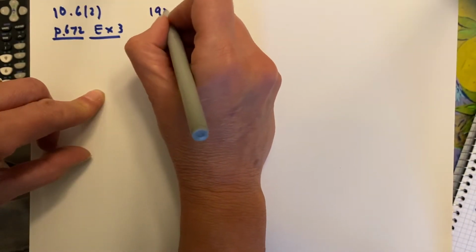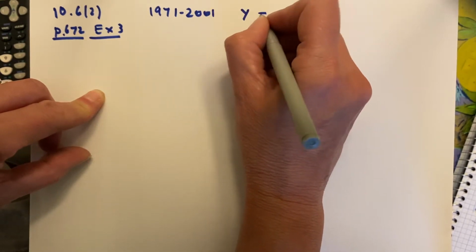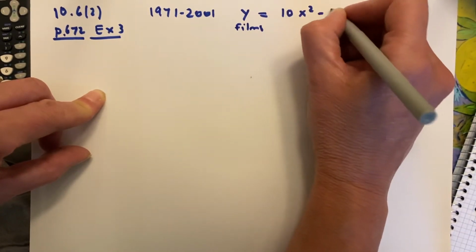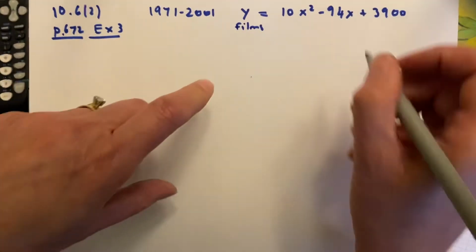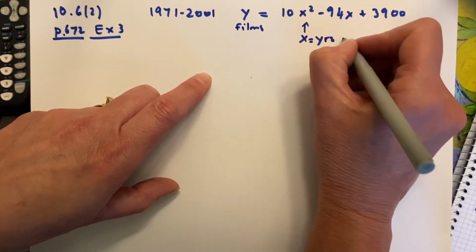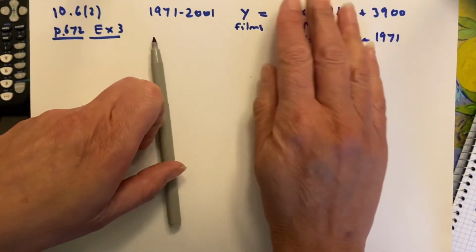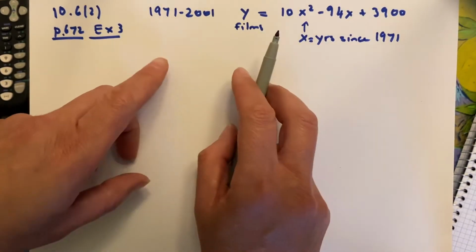Reading the problem: for the period 1971 to 2001, the number of films produced in the world, in other words y films, equals 10x squared minus 94x plus 3900, where x is the years since 1971. In other words, in year 0, these disappear, and the number of films is 3,900 in that first year, and that year 0 is 1971.